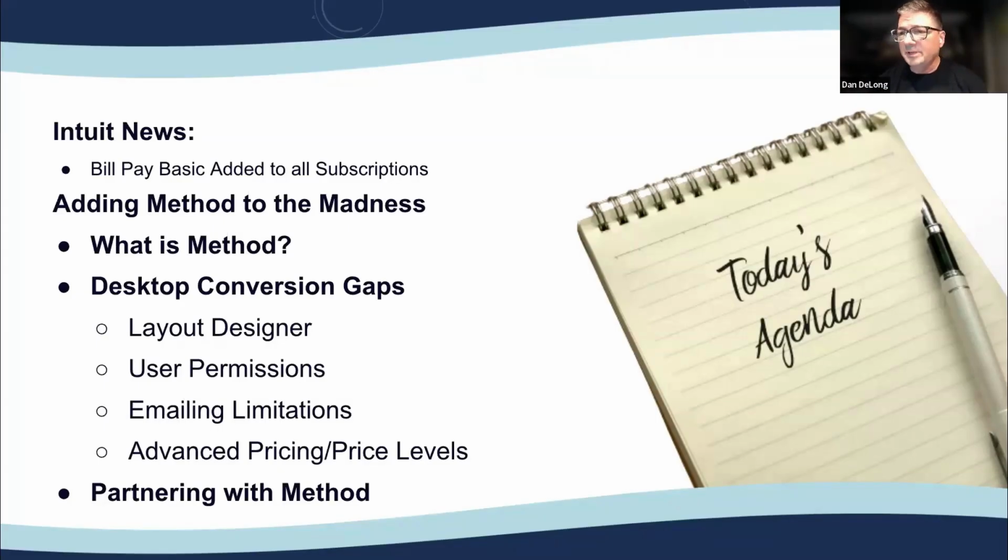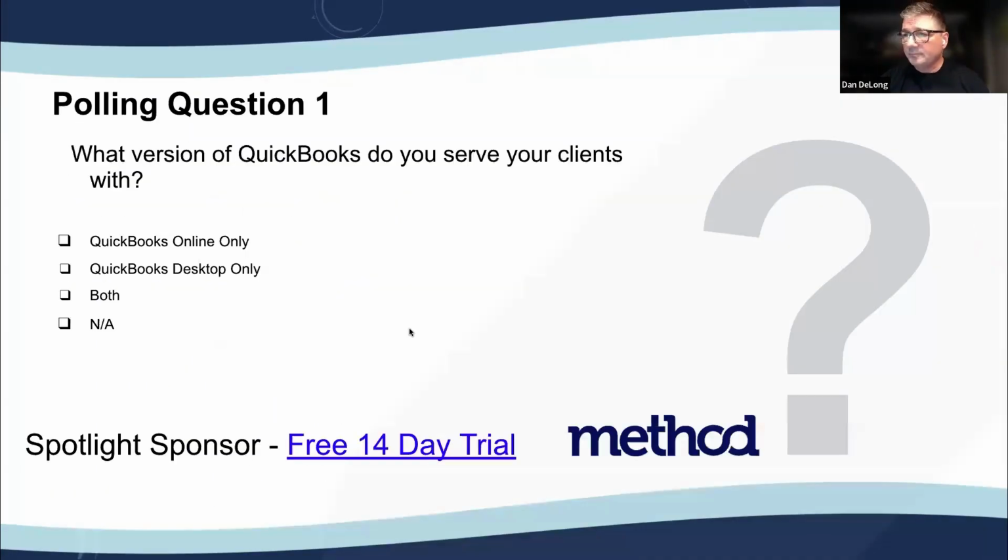We'll highlight some desktop conversion gaps that can be overcome and bridged between the two platforms, QuickBooks Desktop and Online, by using Method. And then we'll talk a little bit about how you can partner as an accountant or bookkeeper or referral partner with Method. I'm tossing this over to Sharrin because I always seem to be poll question challenged. So Sharrin's going to launch the first poll question.